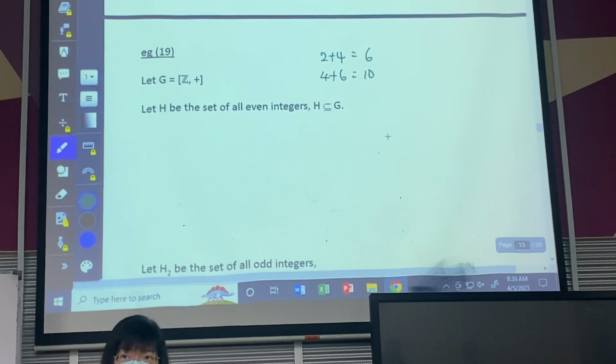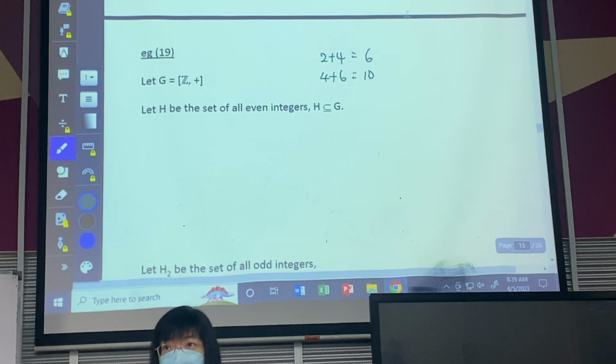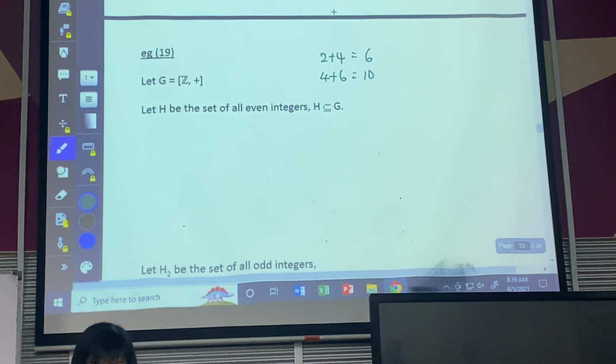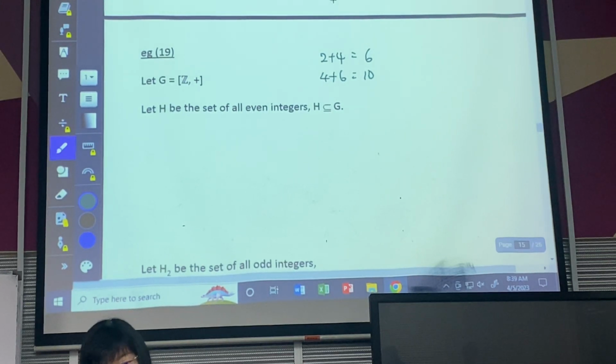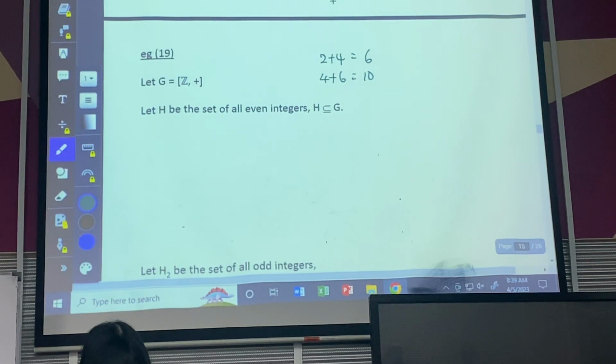So how do we write an even number in terms of a general format? Who knows how to write the even number? The remainder after division by 2 is equal to 0.